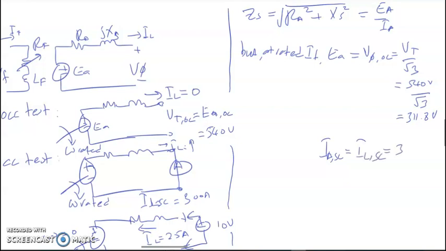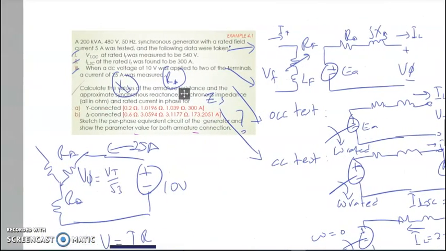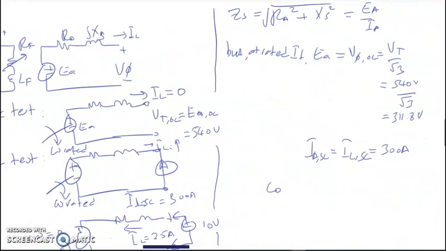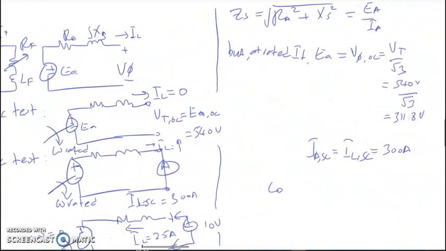In Y connection, the 300 ampere of load current is the same as the current that flows through the phase. The load current and the phase current are the same, so we maintain it as 300 ampere.